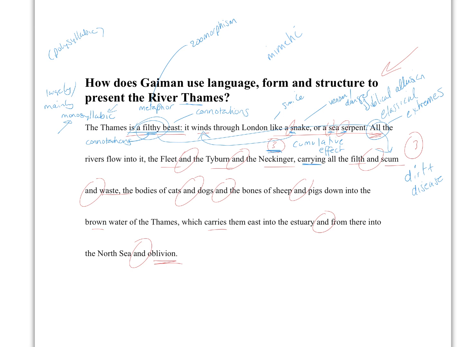And then we've got this image of all of these corpses, all of these dead bodies and bodies and bones. And we start to realise, and you can probably see, I started circling ands a little while ago, because this idea keeps coming back. We've got this repetition of an and.